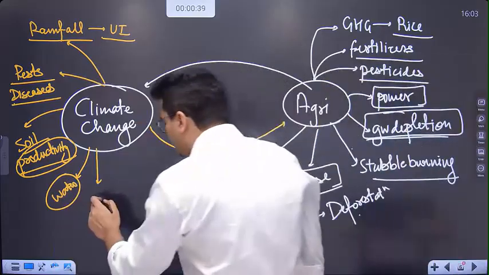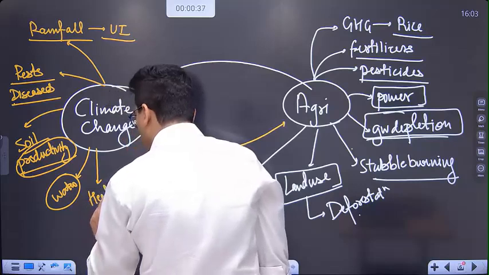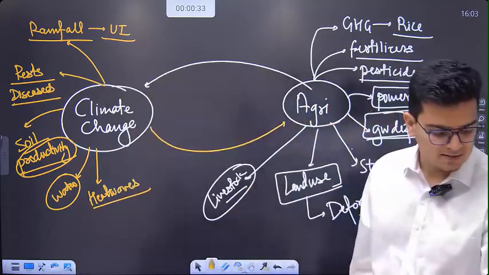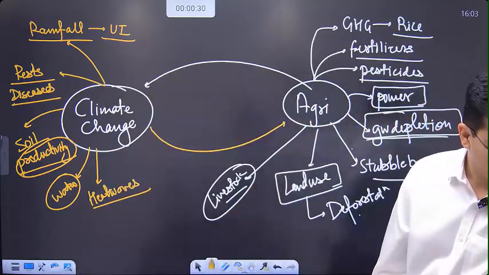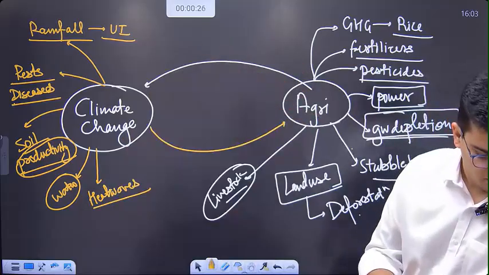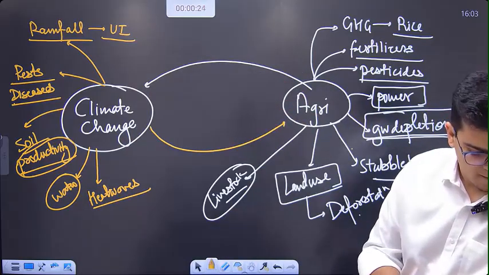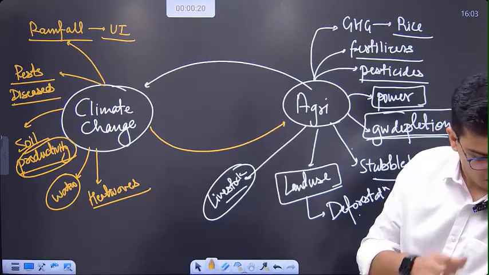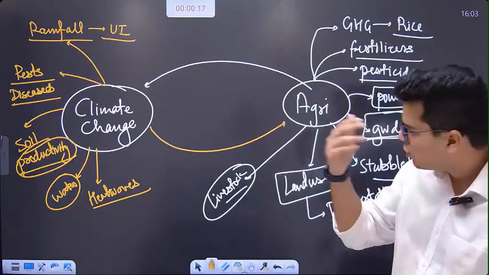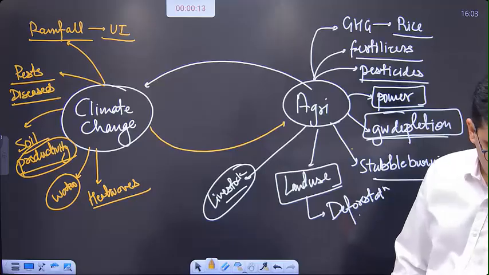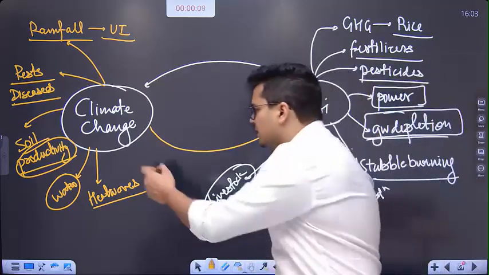Things like heat waves have an impact. What else? Rainfall pattern change we have seen. What else? Soil salinity. Yes, in terms of soil productivity, we have seen. Sea level rise and flooding.